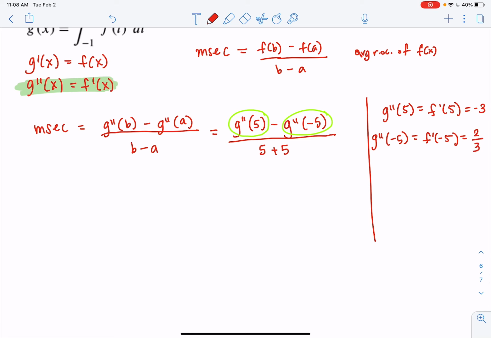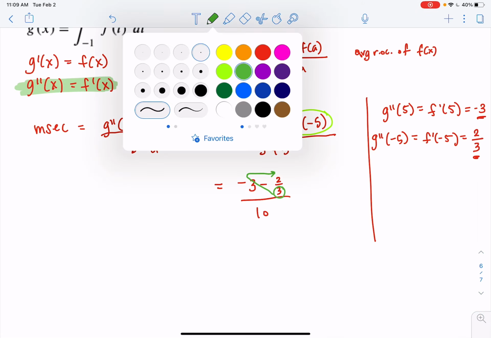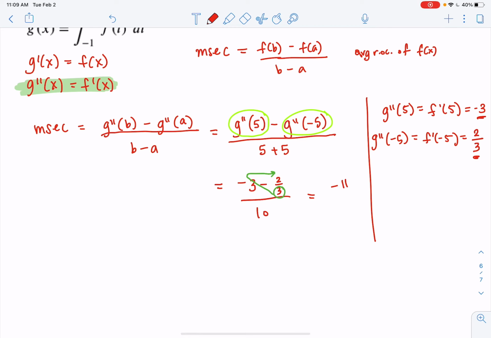So now we can plug those numbers in. G double prime of 5, we found it to be -3, minus G double prime of -5, we found that to be 2/3, all over 10. For the numerator, we'll use the fraction trick. So 3 times -3 is -9 minus 2 gives me -11.